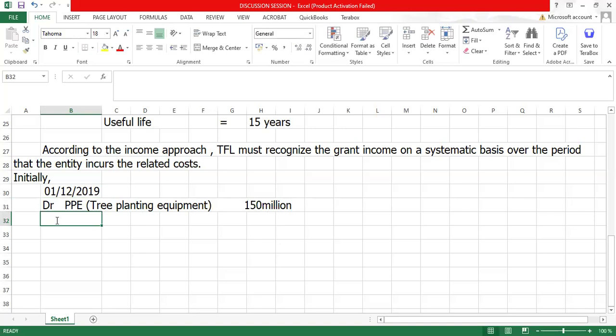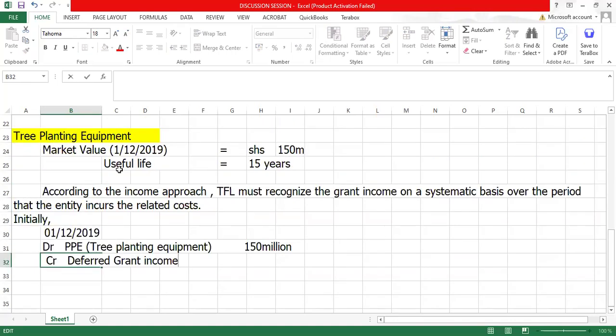Then you credit what? You credit deferred. Now you introduce something called deferred. Remember, you're going to use this asset for 15 years. So we ask ourselves, what is the income you're going to generate in the first year, in the second year, in the third year?